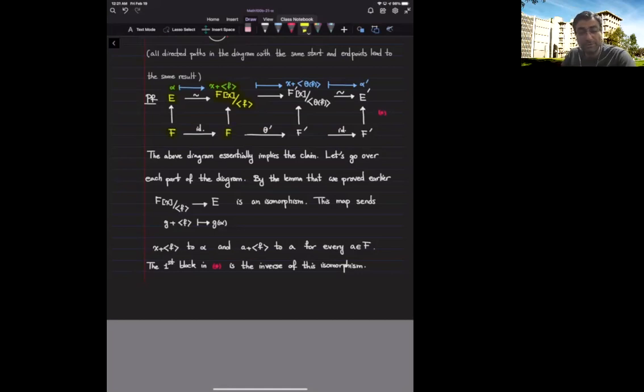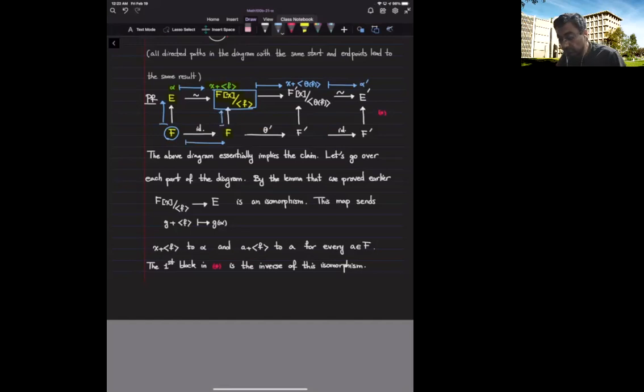This was how we viewed this quotient as a field extension of F. So altogether, what I'm saying is that I'm allowed to go from this corner to this corner, and it doesn't matter what path I'm taking, going up and then to the right, or going to the right and then going up, I end up getting the same result.